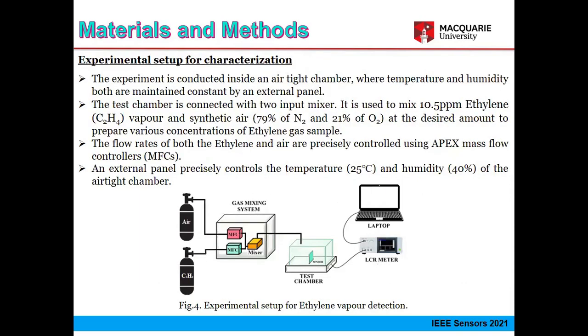This figure shows the experimental setup for ethylene vapor detection. The experiment is conducted inside an airtight chamber where the temperature and humidity are maintained constant by an external panel.